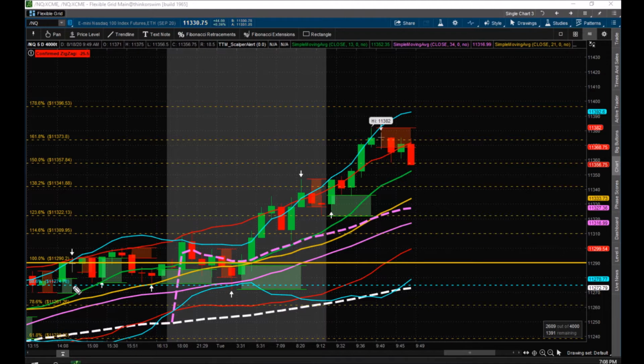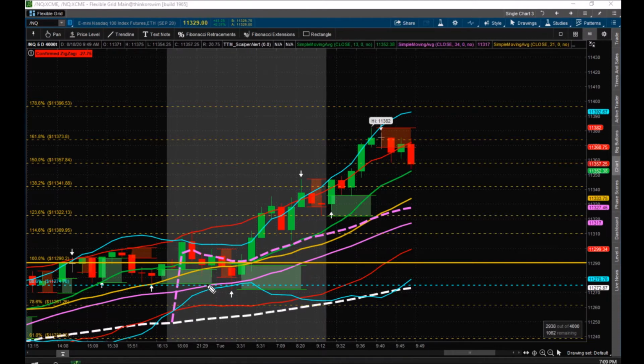you got support here. There's support there, and then support here. So those are your supports. Meaning that that price level was respected in the past, so more likely going forward, this price level is going to get respected. So you want to basically go with the trend.